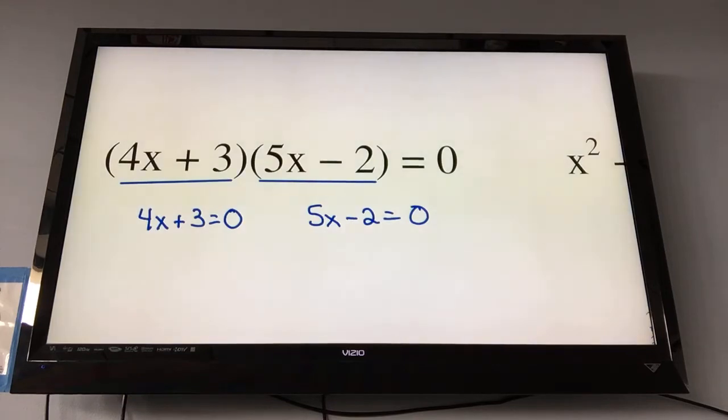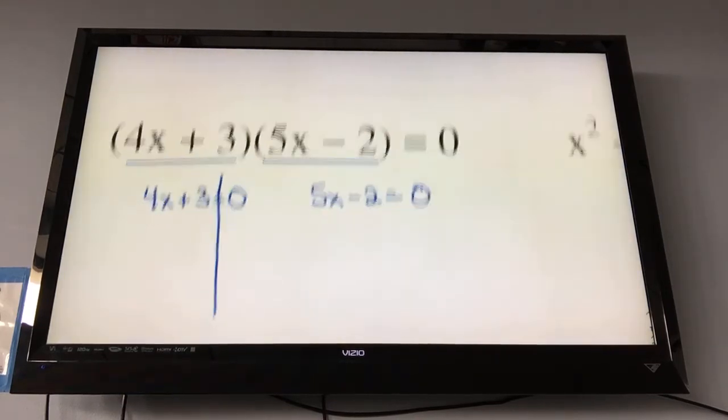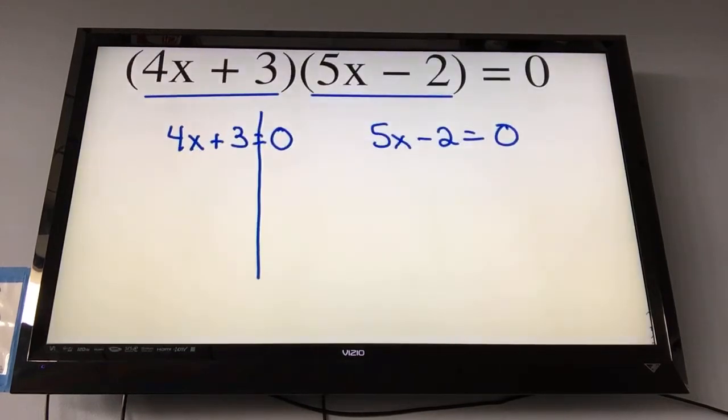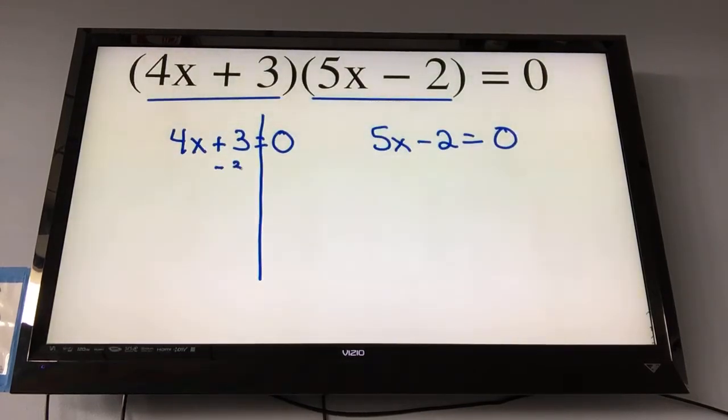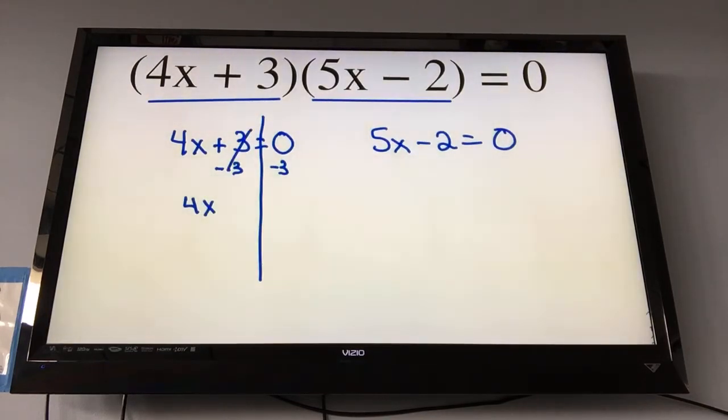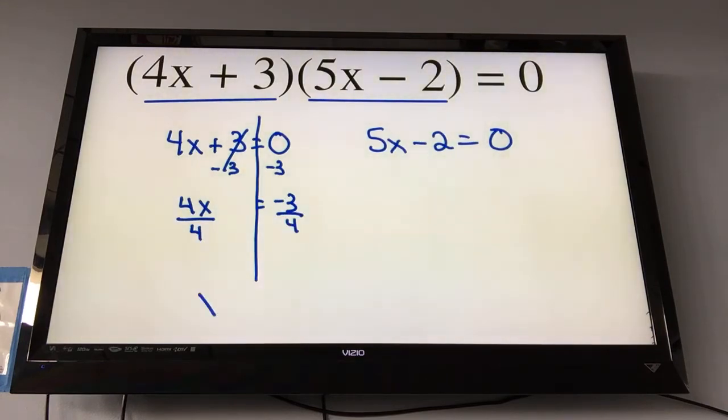And then we solve them, again, like we did way back in Unit 2. Solve for x, so subtract 3. 4x cancels, equals negative 3, and divide by 4. And I have negative 3/4.